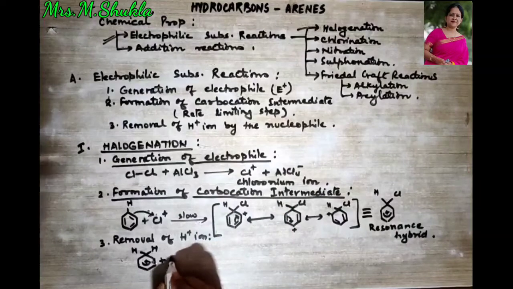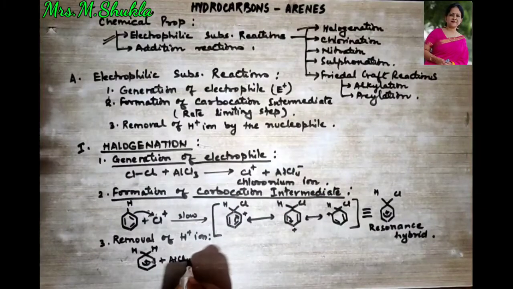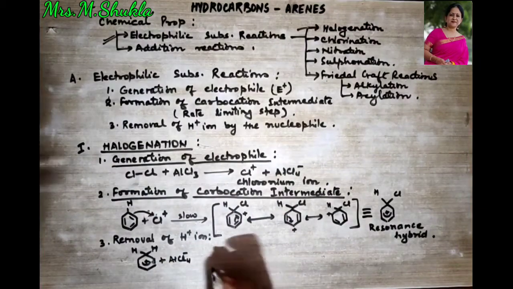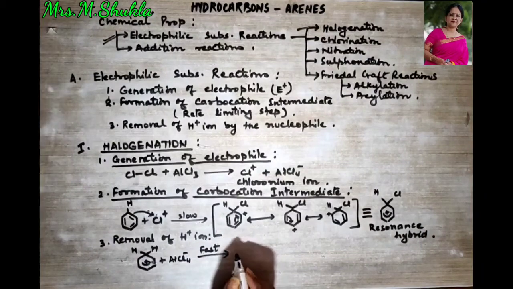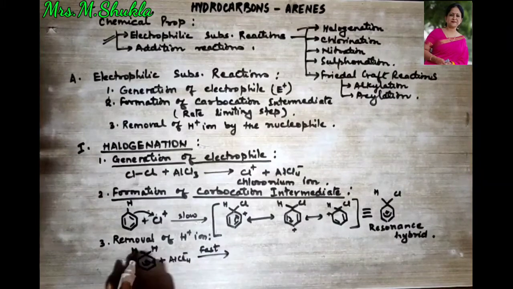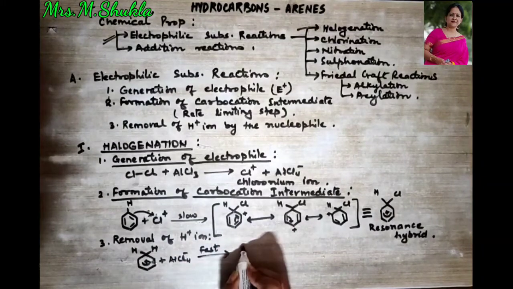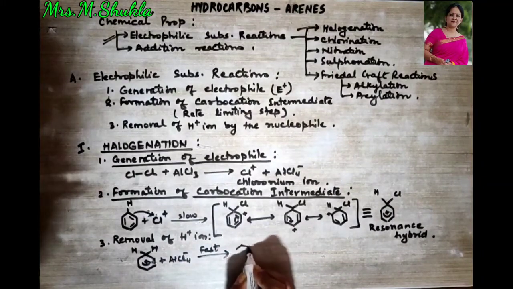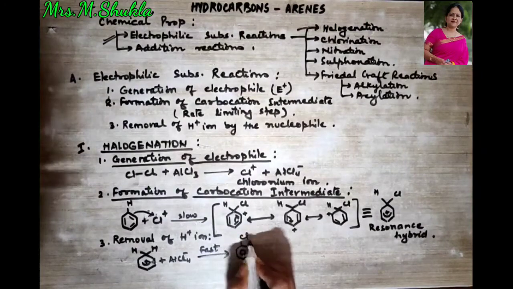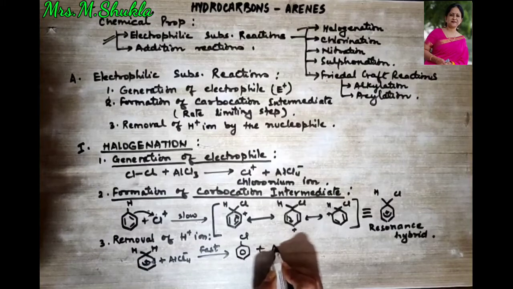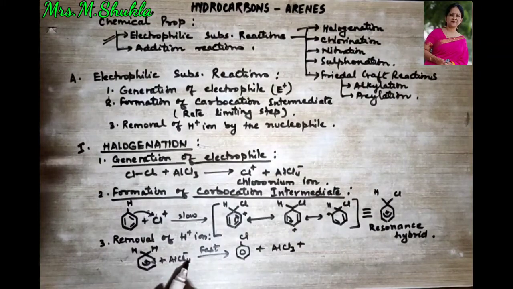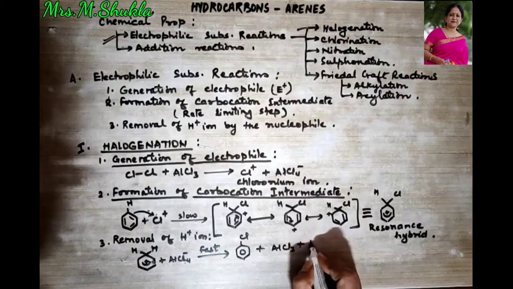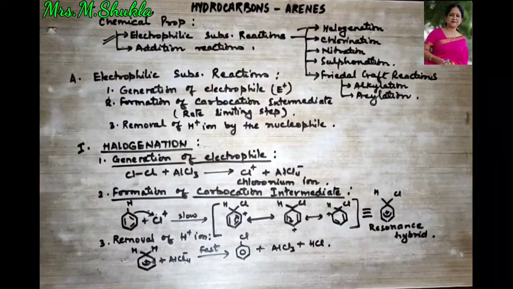What was my nucleophile? AlCl4 minus, right? Now this is a fast reaction, and over here this hydrogen is removed and it forms chlorobenzene, right? And AlCl3 plus this hydrogen combines with one of the chlorines of this and forms HCl.